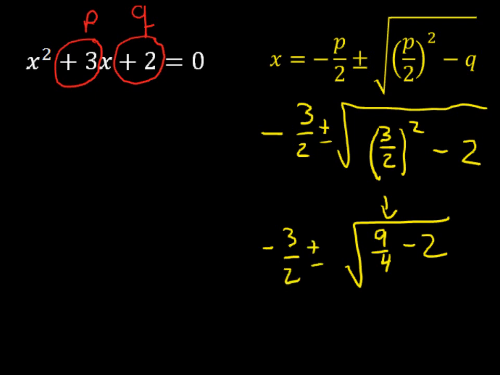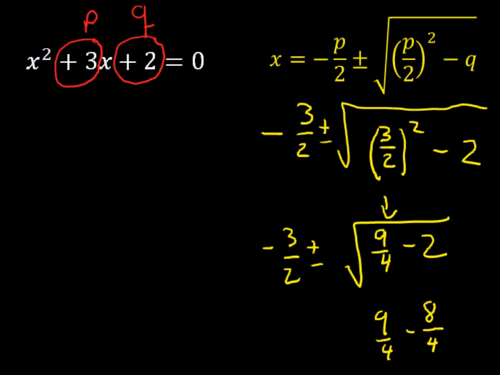What can we do with the 9/4? Well, we can change the 2 into something with the same base, and that will give us this down here. And I didn't leave myself too much room, did I? Well, 8 divided by 4 there, and the 9 divided by 4 here.